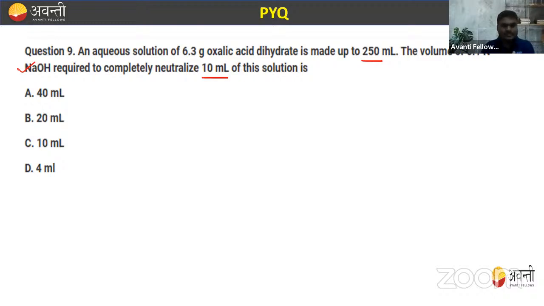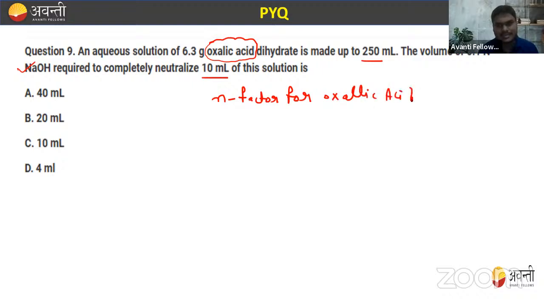We know that first of all, what is the N factor of the oxalic acid, right? So you need to calculate the N factor of oxalic acid first. How will you calculate it?